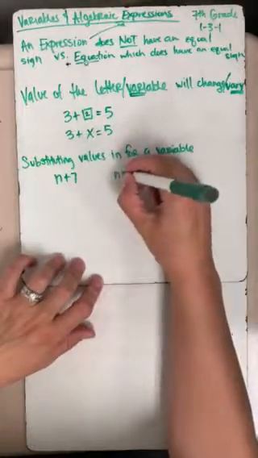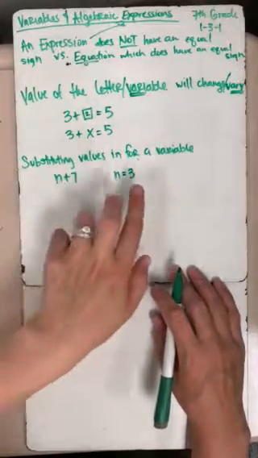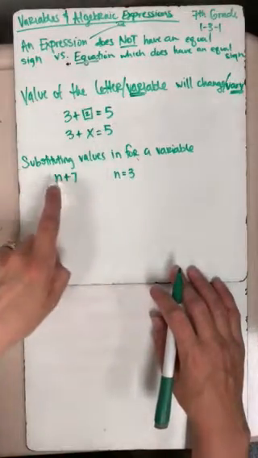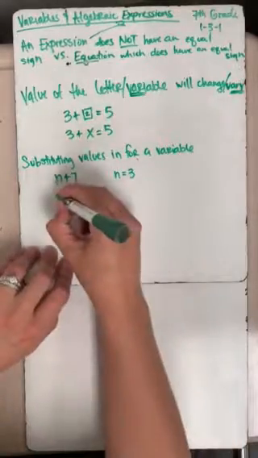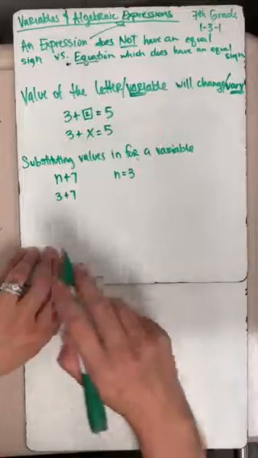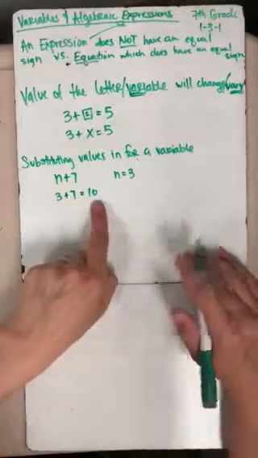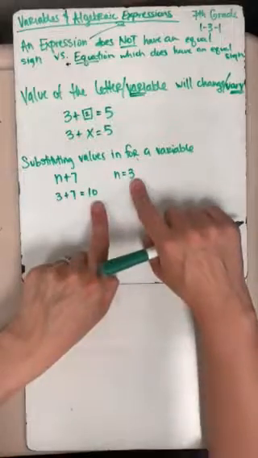So over here, we're going to say, all right, what if n is equal to 3? Well, we take 3 and we substitute it in for n. So now we no longer have n plus 7, we have 3 plus 7. Well, 3 plus 7 is equal to 10. We just got our answer if n was equal to 3.